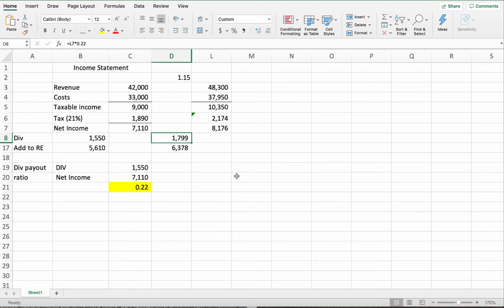So the first thing we need to do is calculate the ROA. We need to figure out what the plowback method is, and then we can figure out what the internal growth rate is. That's what they're asking.